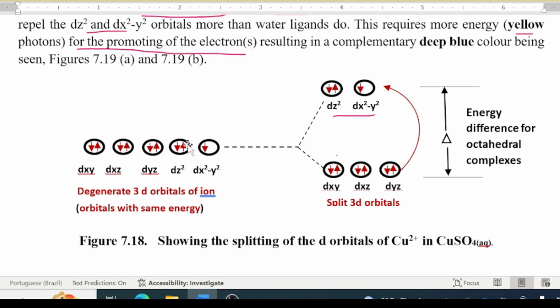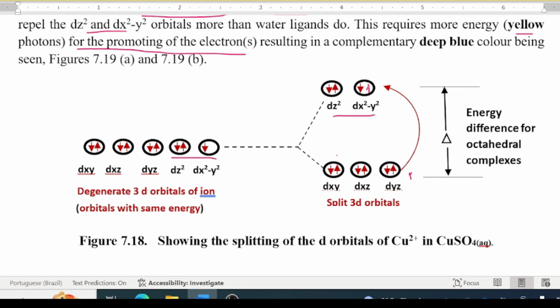So when water encounters some of these orbitals there, these ones here are pushed away from these ones here. So that's why we say water molecules cause splitting of these orbitals here. And when this happens, the electrons from the lower set of orbitals here will want to go, one of these will want to go up there to be inserted in that orbital there.